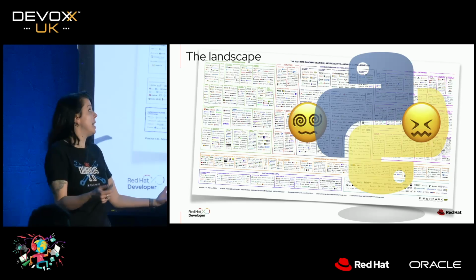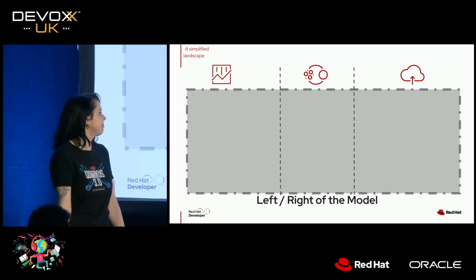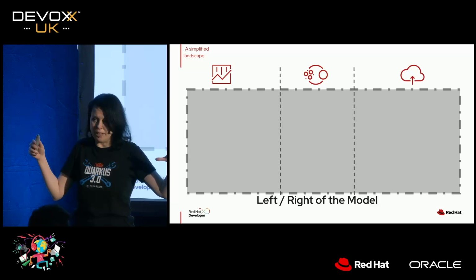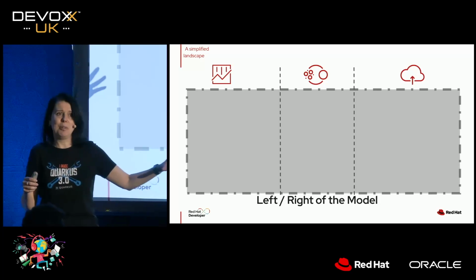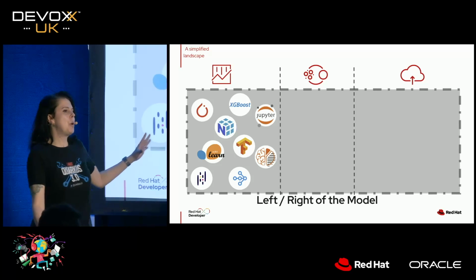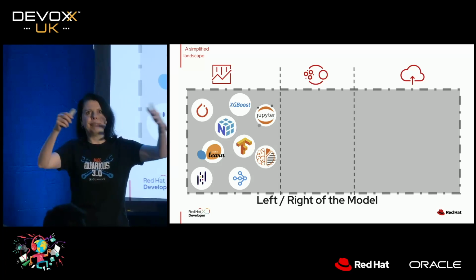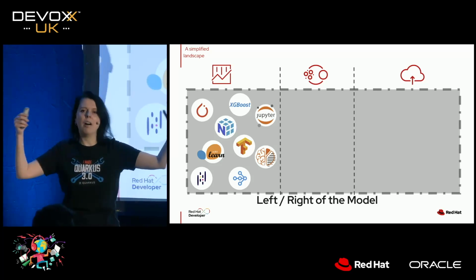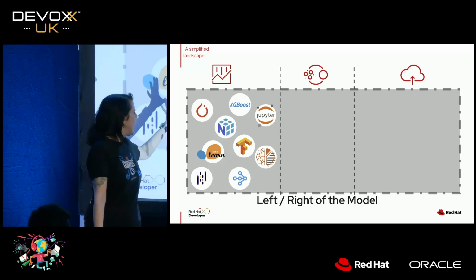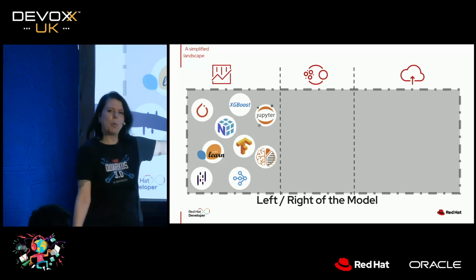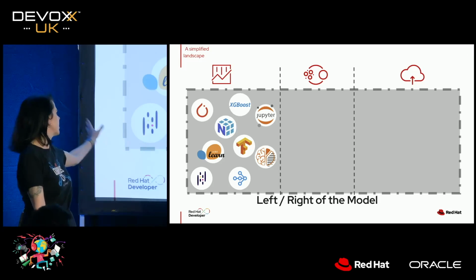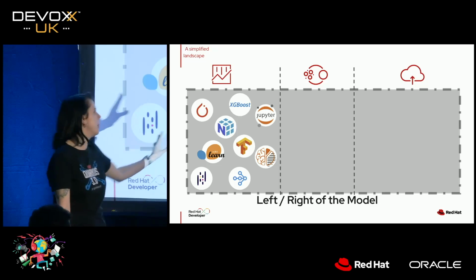The good news, though, is that things are changing. So let me give you a slightly simplified version of that landscape, which is still pretty complex. When we think about the whole ecosystem of artificial intelligence, on the left-hand side we have the hardcore data scientists who are making models, training models, coming up with algorithms for models.